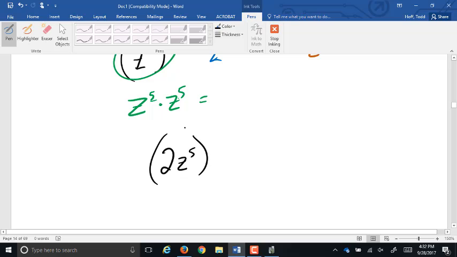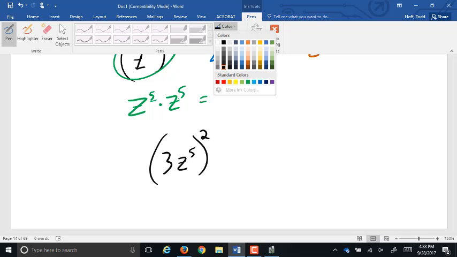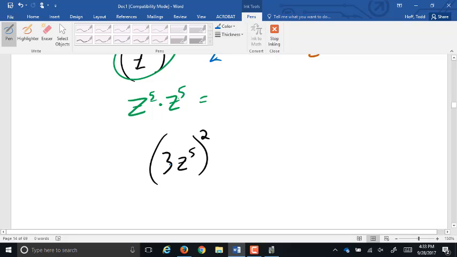Let's do this. I'm going to change that 2 to a different number just to make it a little more obvious. Let's say it's like that. So the 3 still has to be squared. That is, it's 3 squared and z to the 5th squared. Well, 3 squared is 3 times 3, or 9.